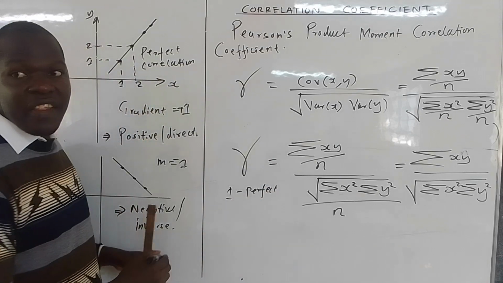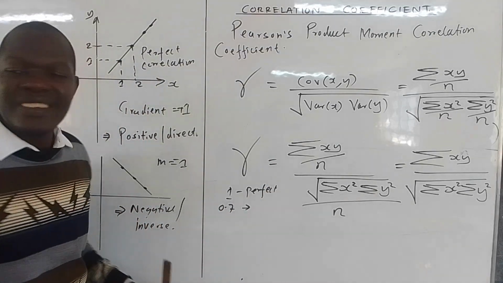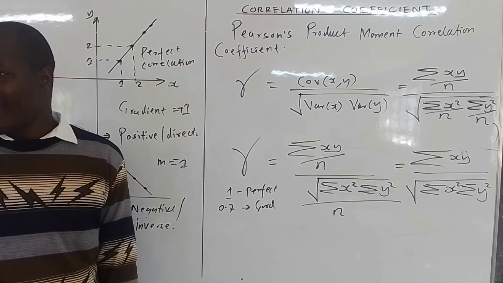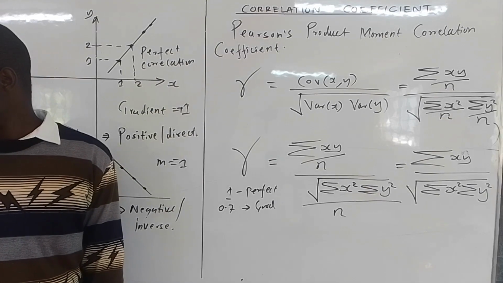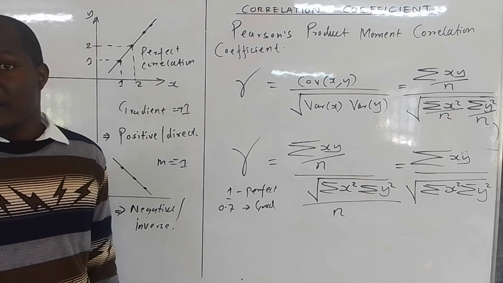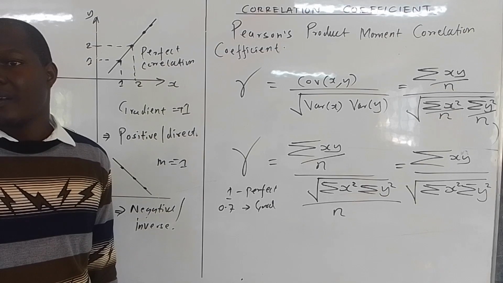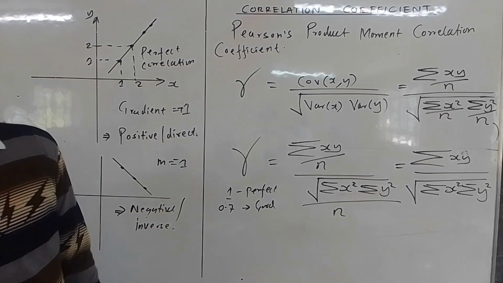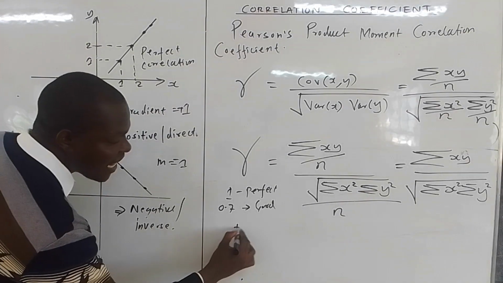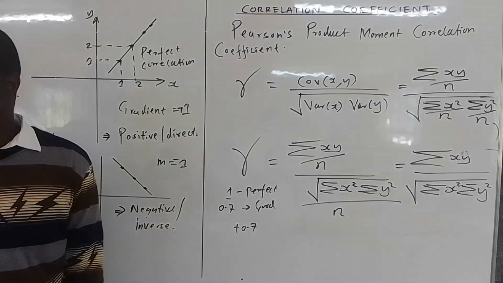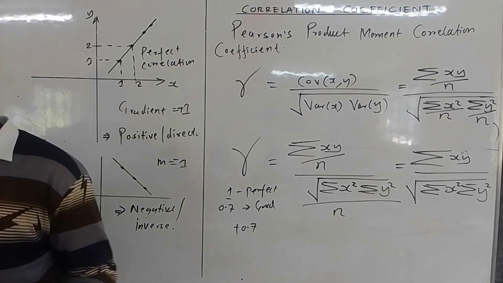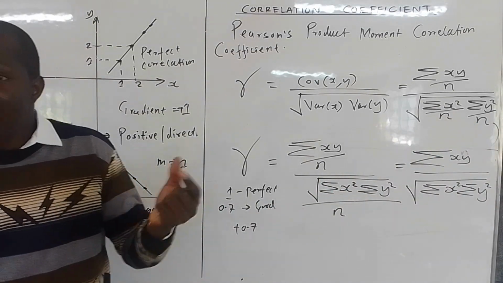If the correlation is greater than 0.5, around 0.7, you can just use the word good. There's a good relationship. And around 0.5 there's fair. So the moment you get a positive 0.6, below 0.7, positive means direct, so you see there's a direct fair relationship.